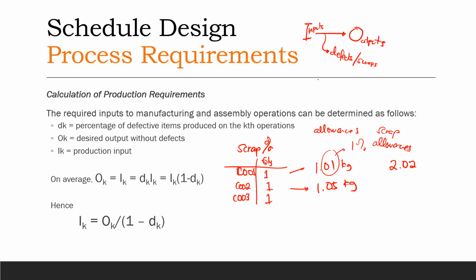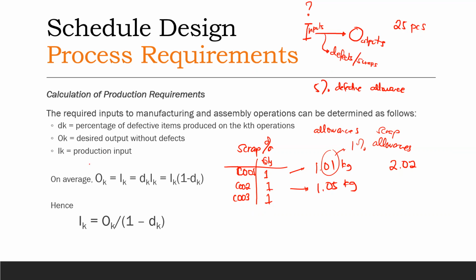So kung meron kang 5% defective allowance, ang kailangan mo halimbawa ay 25 pieces. Gaano karaming inputs yung kailangan mo? Okay, or kailangan mong ilagay sa machine.